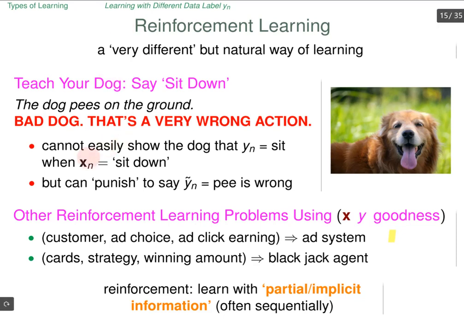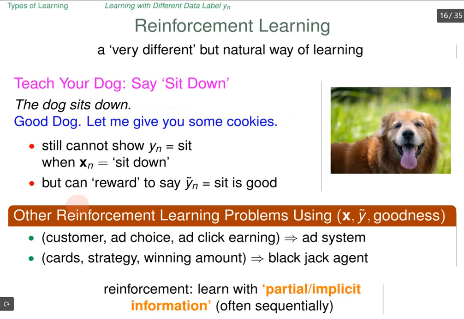So in this situation, it's very hard to show your dog the y that you expect, which is sit, when x, the input data, is sit down. However, you can give some y tilde, another kind of output, as a punishment to say pee is wrong. In your next attempt, you say sit down, the dog sits down, and your response will be very positive.